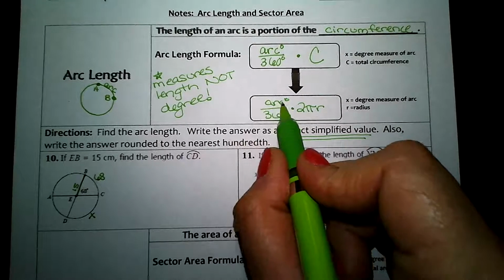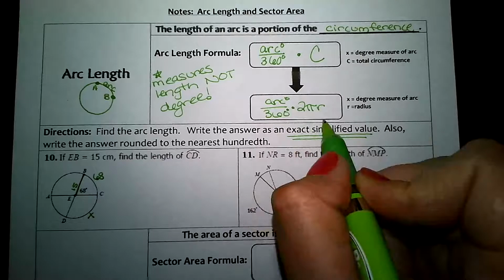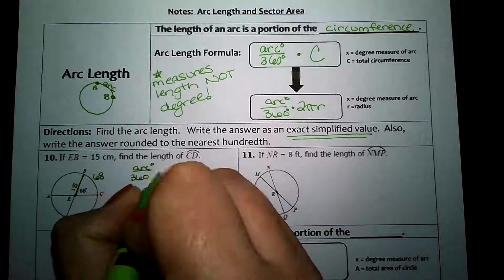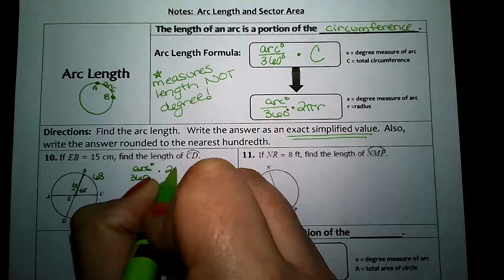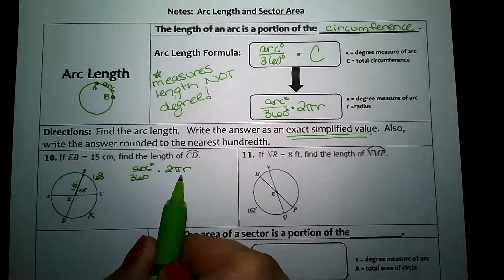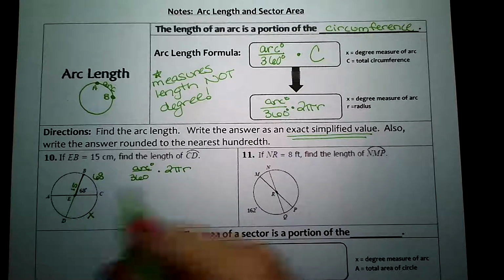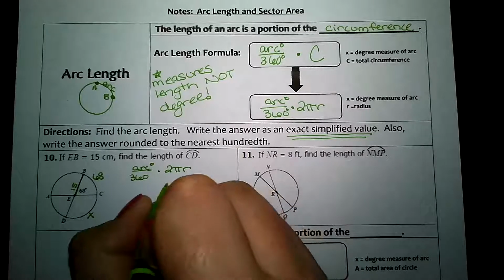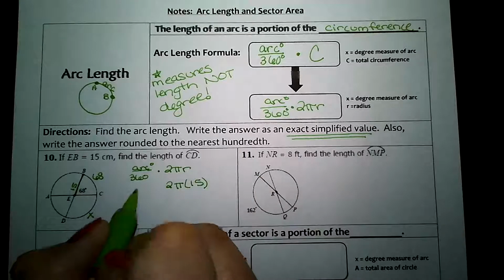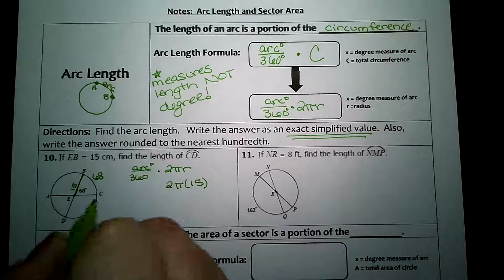We have arc degree out of 360 degrees times the circumference, 2 pi r. Well, right now, all I know is what the radius is. The radius is 15, so 2 times pi times 15. What I don't know is what our arc's degree is.